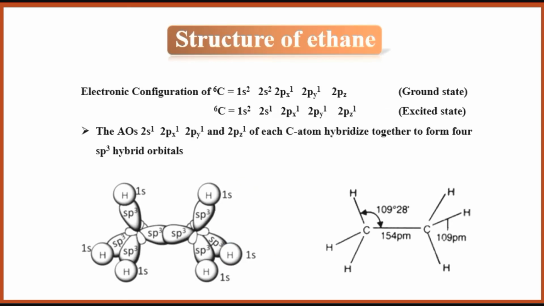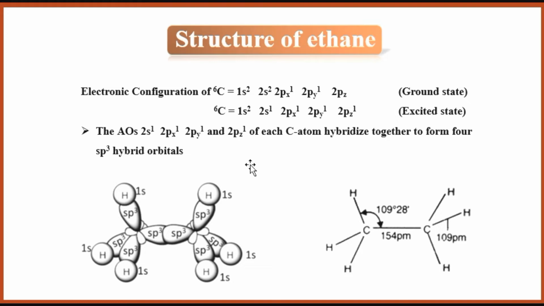So the next one is the structure of ethane according to hybridization. Here the electronic configuration, as all of you know, at the ground state and at the excited state becomes 1s2, 2s1, 2px1, 2py1 and 2pz1.